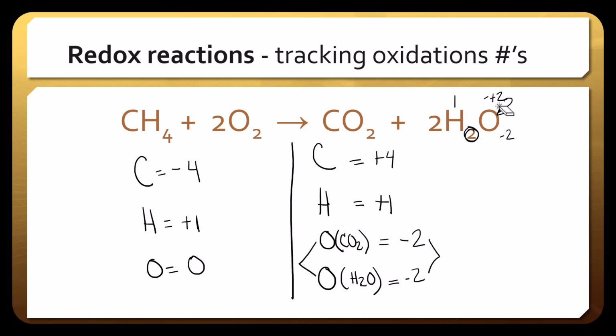Right, so now that we have assigned oxidation states or oxidation numbers, we can take a look at how things changed or how things stayed the same to identify oxidation and reduction. The first thing I see is that the carbon did change. Carbon went from a -4 to a +4. Now we're in the backwards world of electrons.